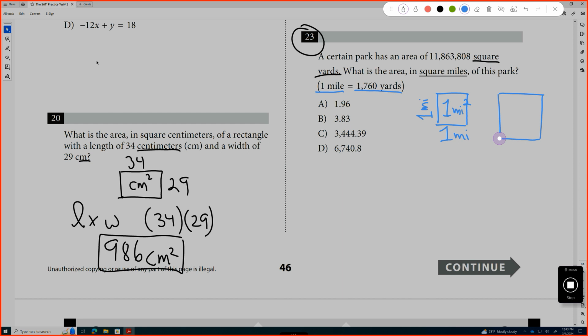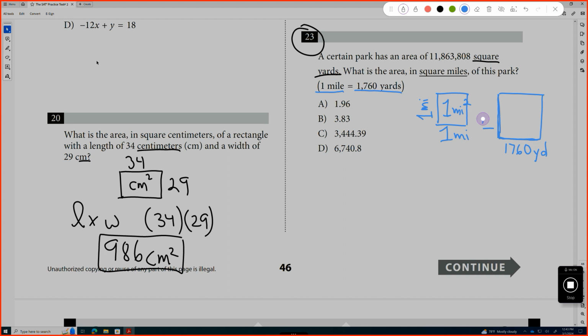I'm not drawing the two areas exactly alike, but they have to be the same. So right here I have 1760 yards linear, meaning only one side, but for area I need to multiply times the height or the other side.